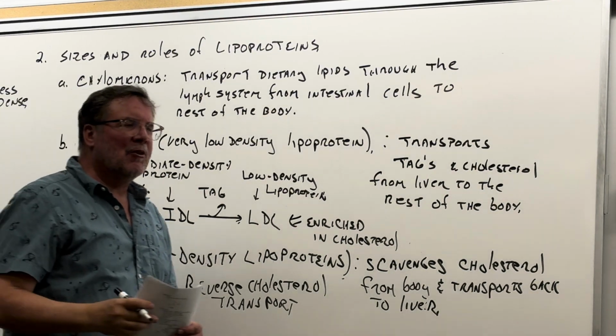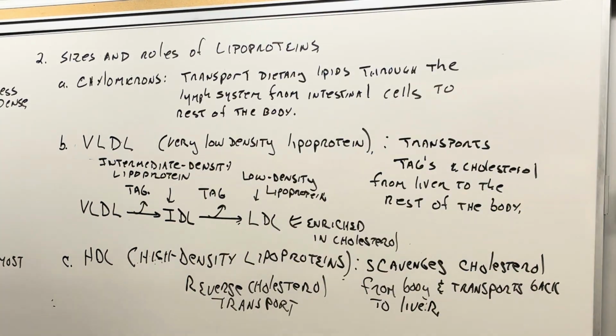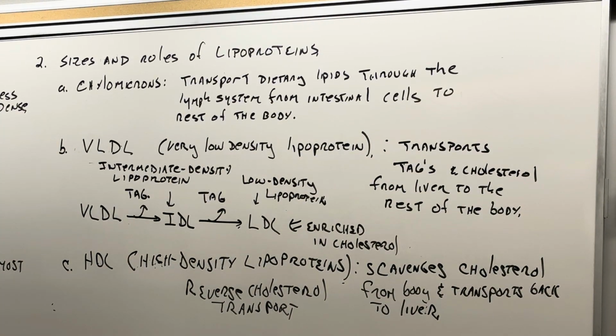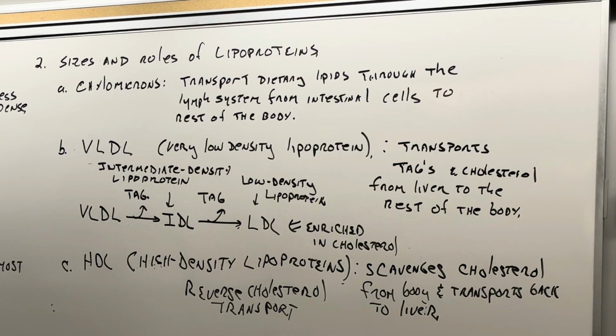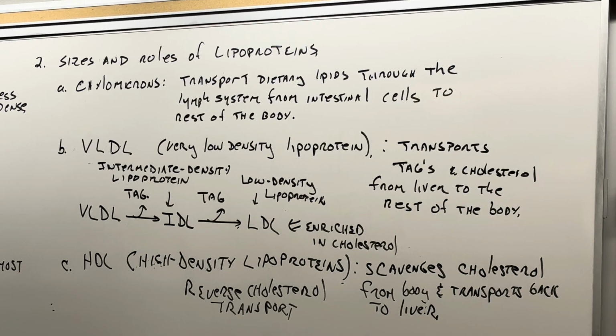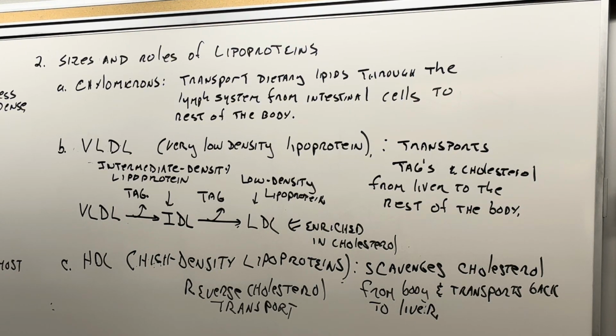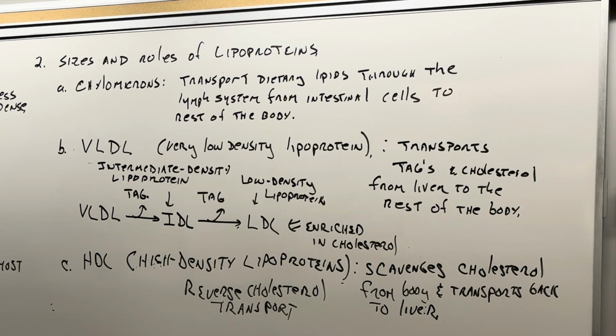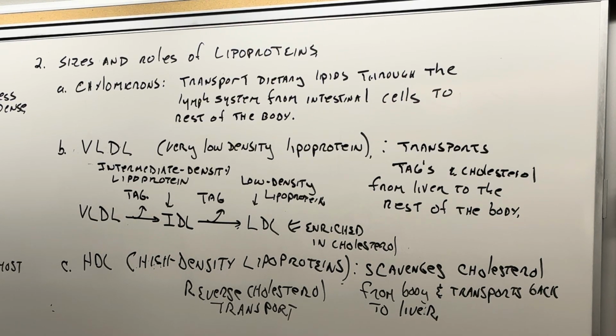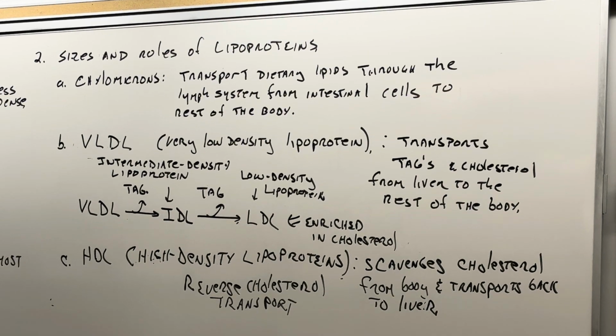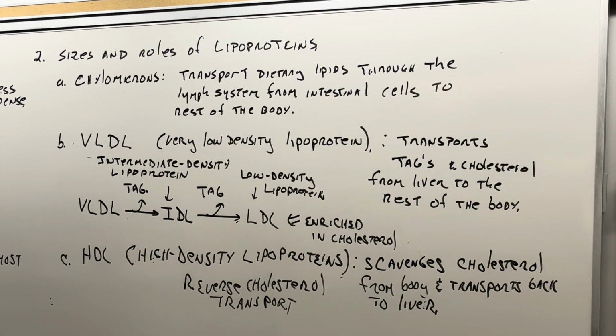The density becomes important because operationally, when people isolate these things, they do it by centrifugation, and the different particles migrate depending upon their density. The most dense ones migrate the fastest, and the least dense ones migrate the least. That's how they ended up getting classified by density, because when you're isolating them, you're isolating based on how they fractionate via their density.